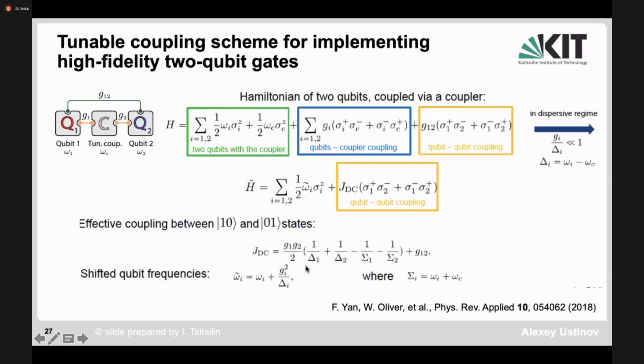This coefficient has now fixed coupling G12, then couplings G1 and G2. Then it has also the coupling associated with detuning of the coupler from the qubit frequencies, and also detuning of the qubits from each other.